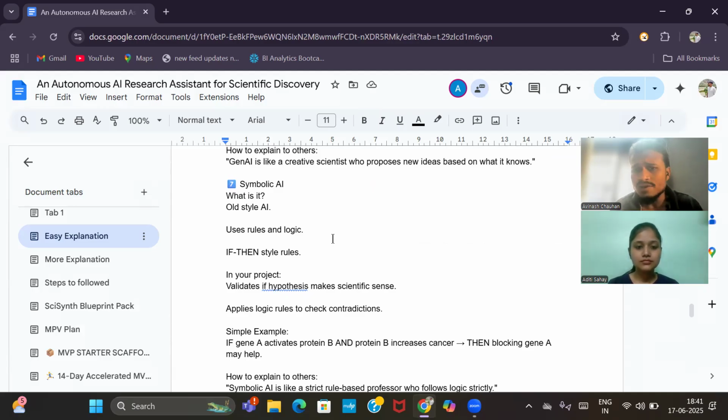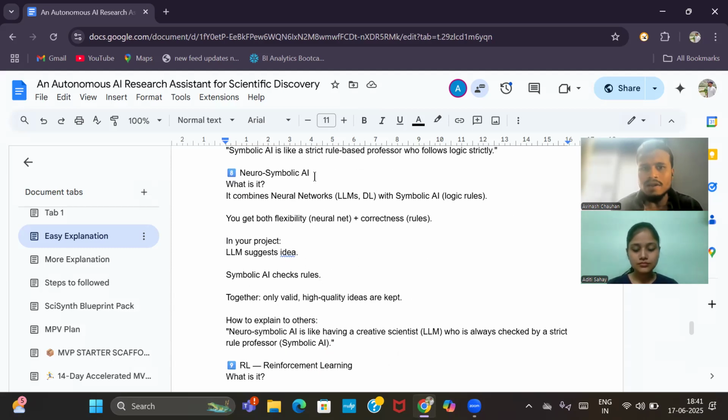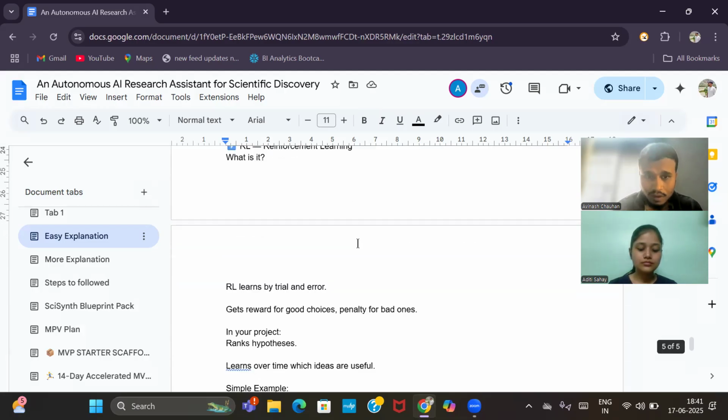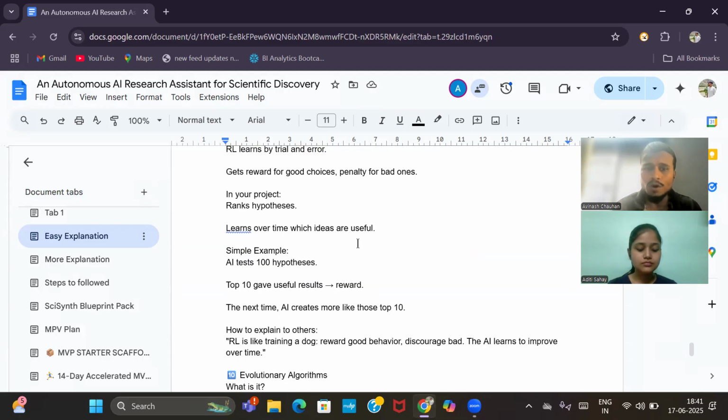If you are making rules, then obviously we are going further. Just like I explained the army example: you will not die, you will survive and you will kill your opponents, right? So this is symbolic AI. And neuro-symbolic AI means that whenever you are using symbolic AI, you will use your brain. So we will be doing all these things.